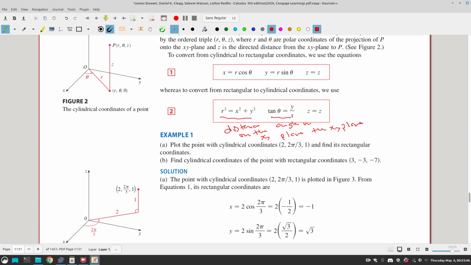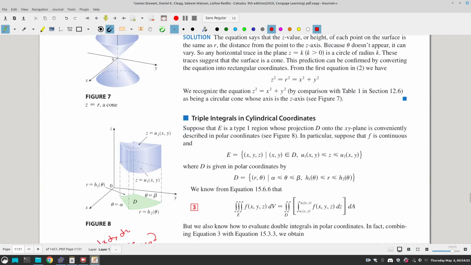So when you use cylindrical coordinates, you're basically using the polar r and the polar theta that you already know from two-dimensional coordinate geometry, and of course this is the Cartesian coordinate z.